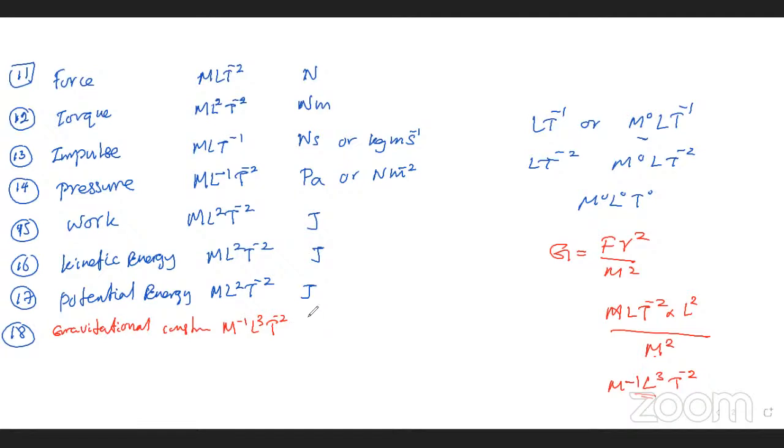Its unit is kilogram minus 1 cubic meter per second squared. In the SI system this can also be written as Newton square meter per kilogram squared.